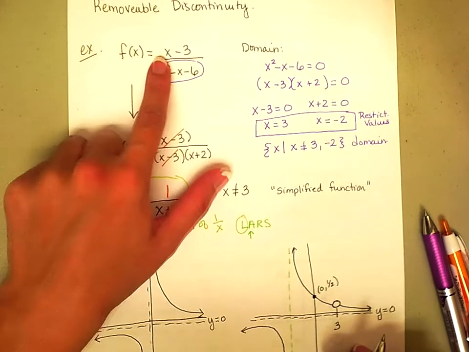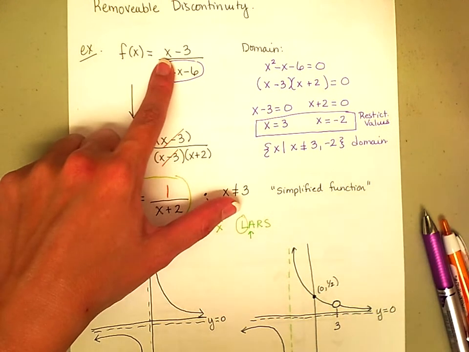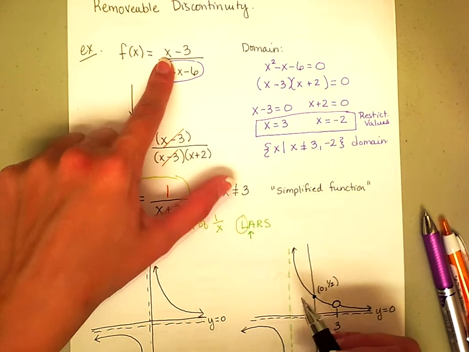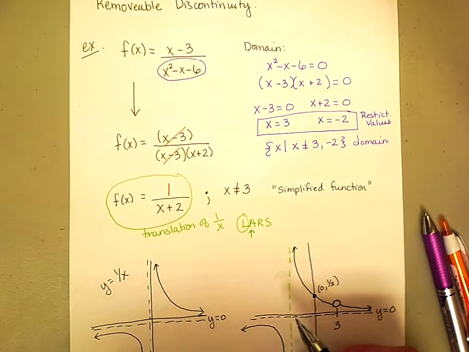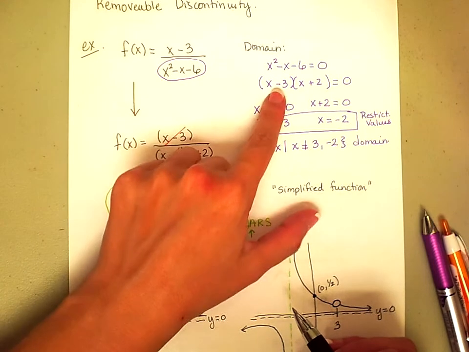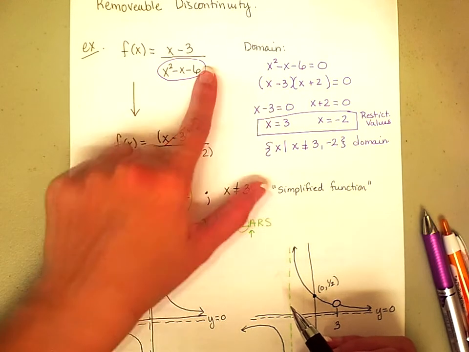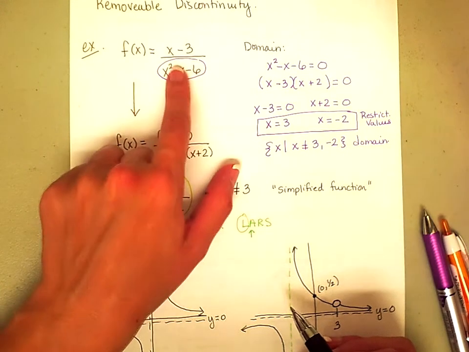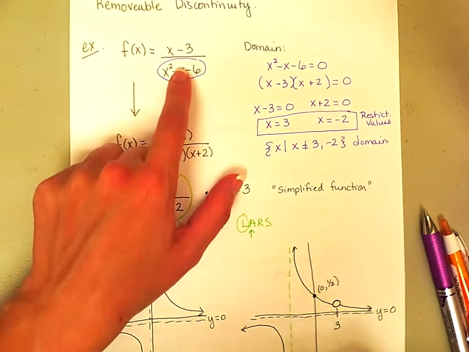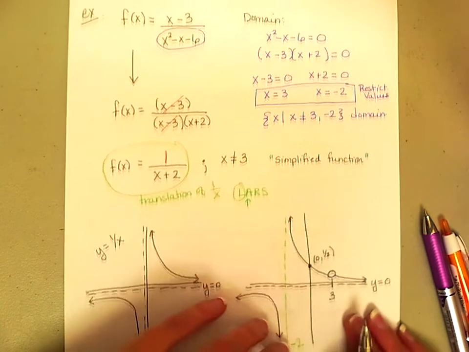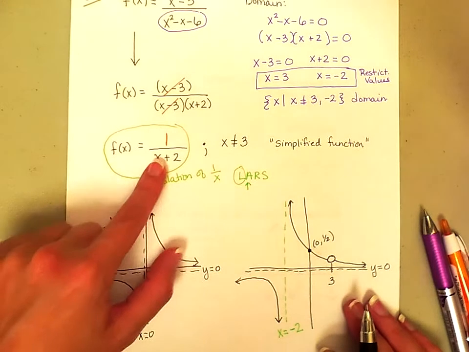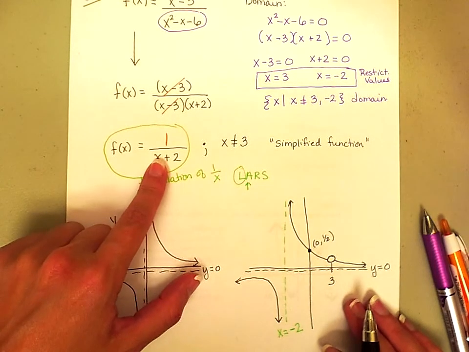If we try and put 3 into the original function, we will get f of 3. 3 minus 3 is 0. That's fine. But clearly from here, if we let x equal 3, this goes to 0. And we get 0 over 0. So the original function is not helpful. This is again where the simplified function comes in.